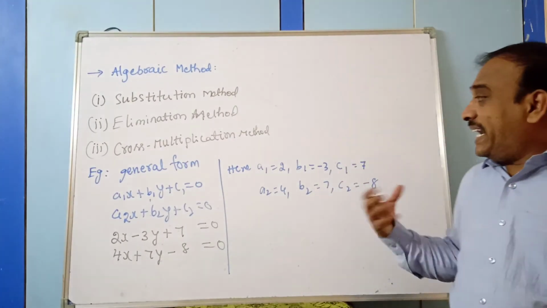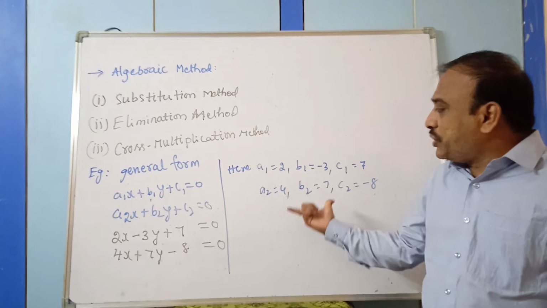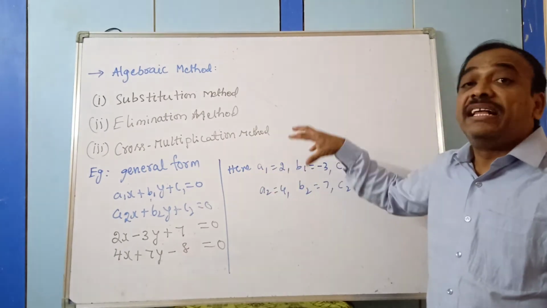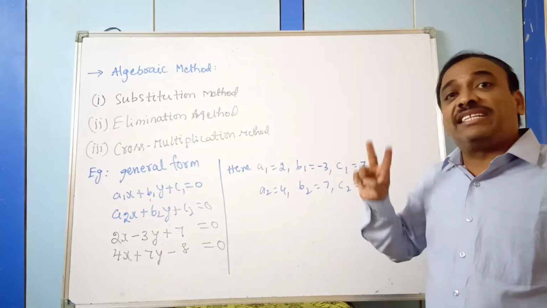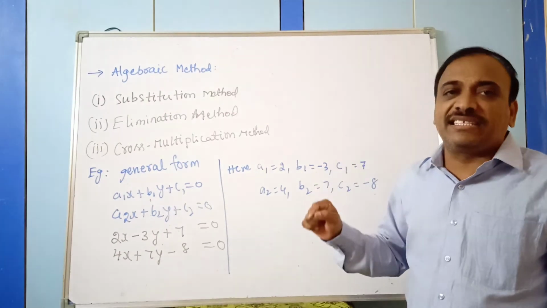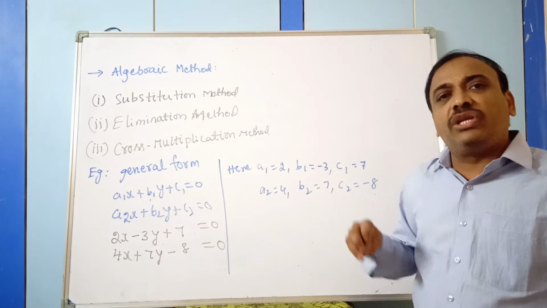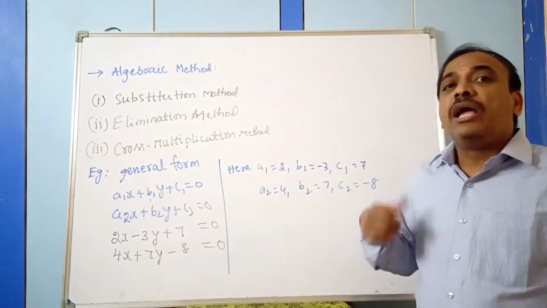Now, by comparing the ratios of these coefficients, A1 by A2, B1 by B2 and C1 by C2, we can say whether the lines are consistent or inconsistent, whether they have a unique solution, many solutions or no solutions.